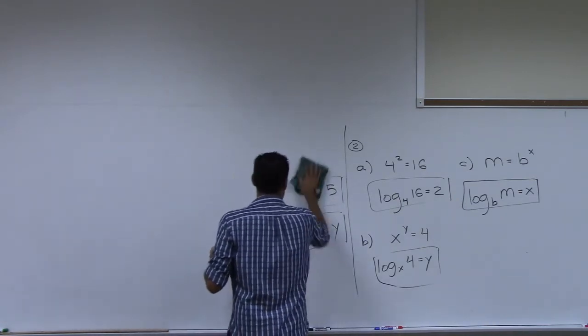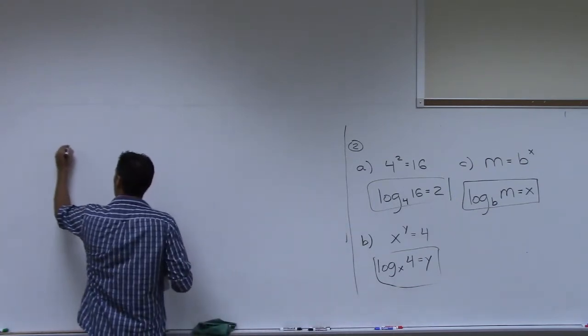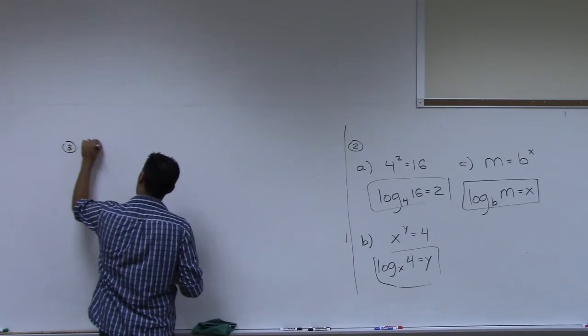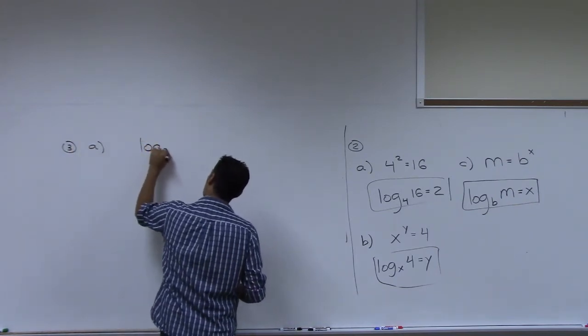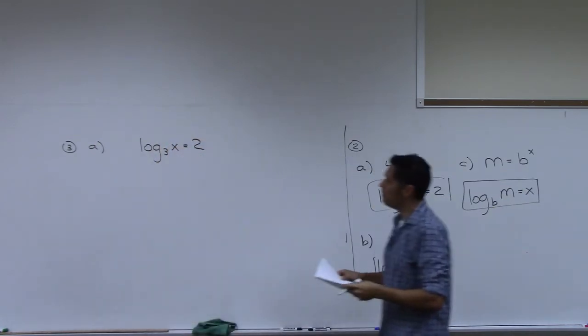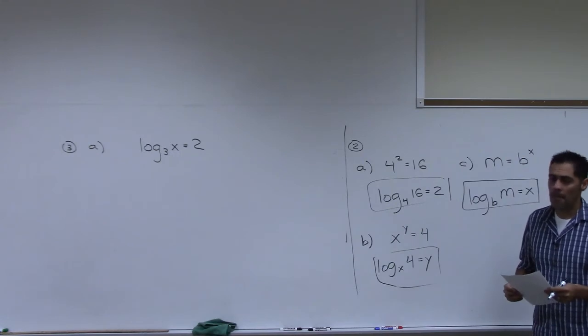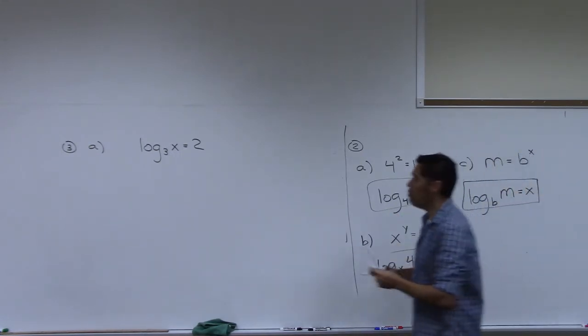Number 3, this is where we start solving equations. So for 3, part A, we want to solve the equation log base 3 of x equals 2. So how are you going to solve this? Convert it to exponential form. So use the loop.